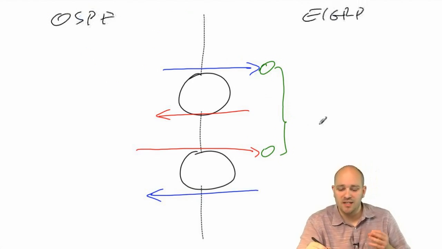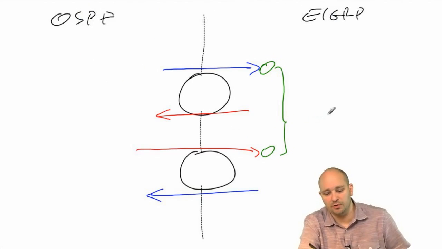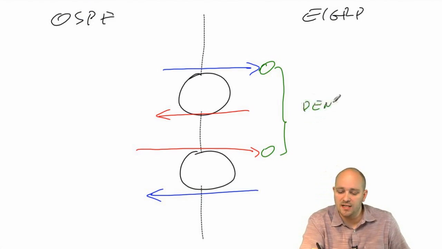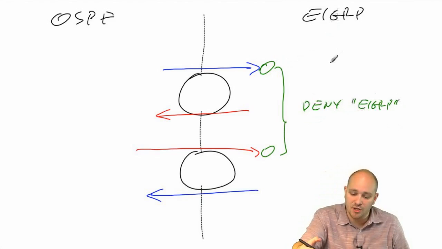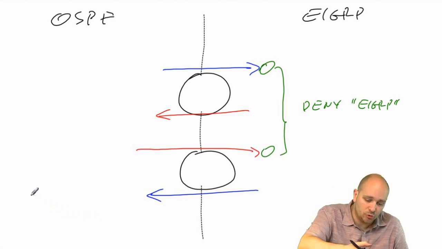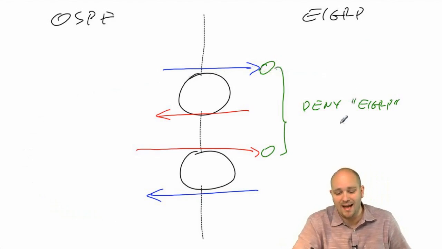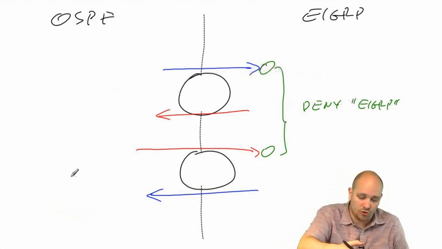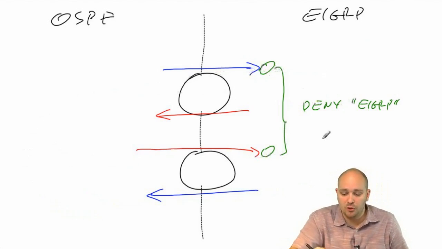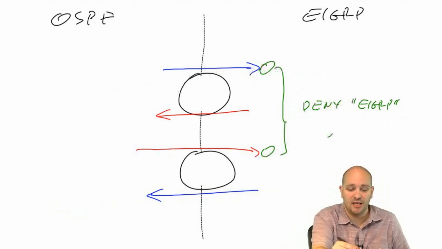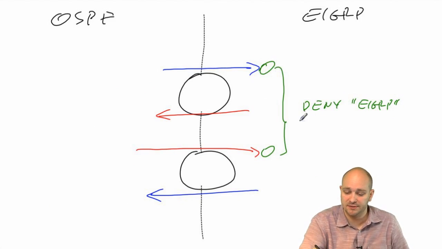What we need to do here is create some sort of a filtering policy that is going to deny original EIGRP routes. That means that routes that may have been EIGRP that have gone out to OSPF and are now trying to come back in, either in this direction or this direction here, we need to make sure to deny these routes, and we basically need to permit everything else.